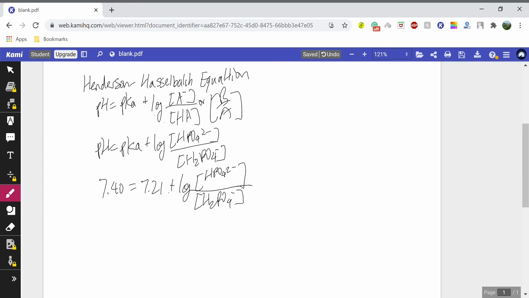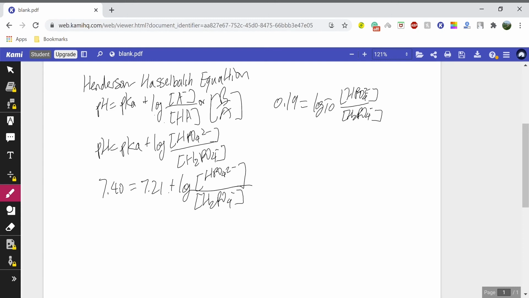So 7.40 minus 7.21 is 0.19. 0.19 is equal to log base 10 of HPO4 2 minus divided by H2PO4 minus.